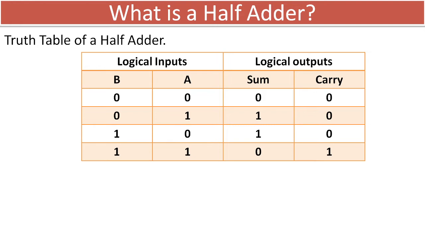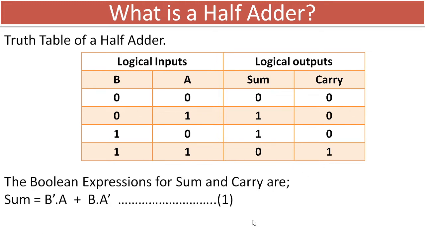Now we all know what the output of a half adder is. So when we talk about the sum, when the inputs are 0 1 or 1 0, the output will be 1, as seen in this truth table. And when both the inputs are 1, the carry is 1.